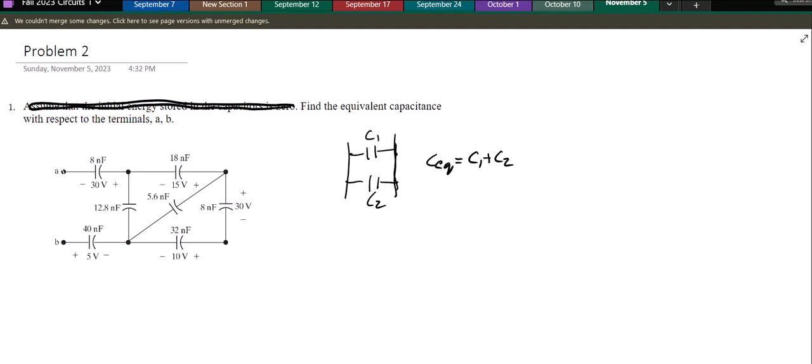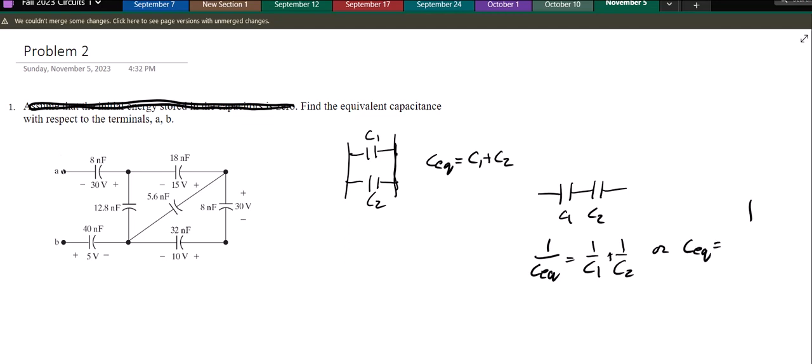Whereas if I have two capacitors in series, the 1 over the equivalent capacitance is 1 over C1 plus 1 over C2. Or, another way of writing that is that C equivalent is 1 over the quantity 1 over C1 plus 1 over C2.